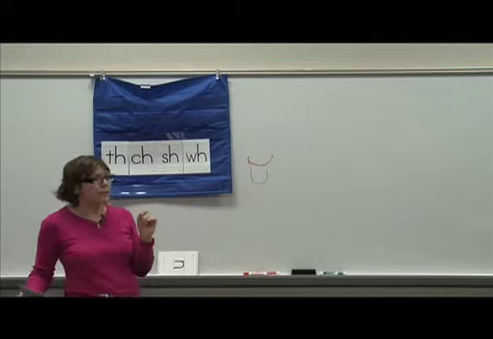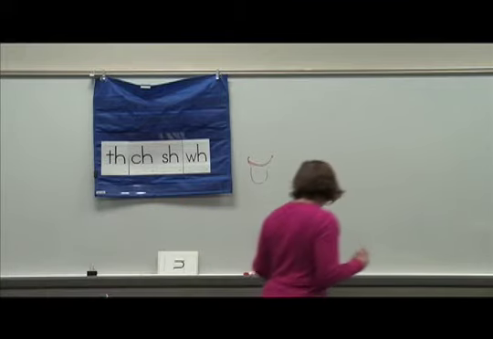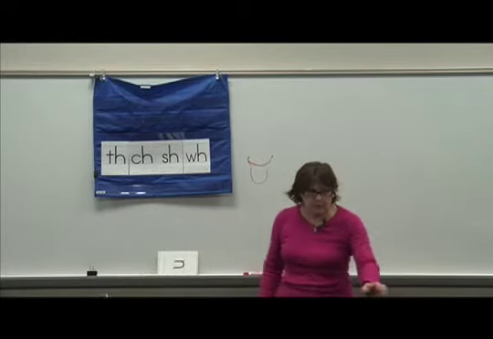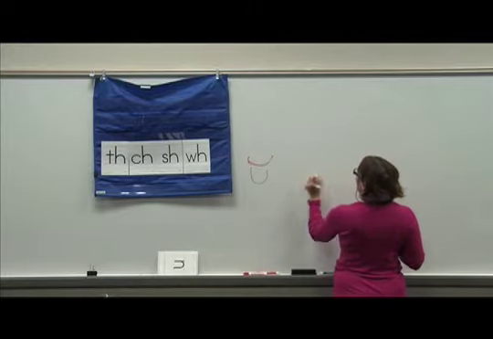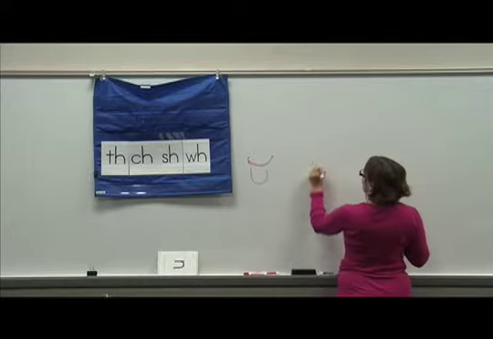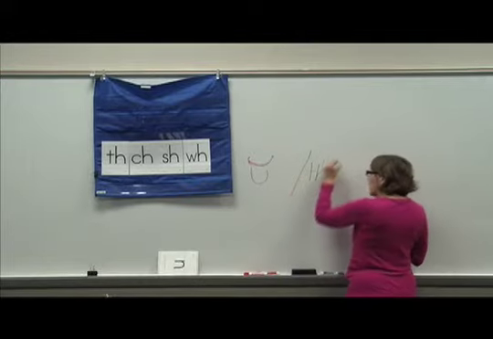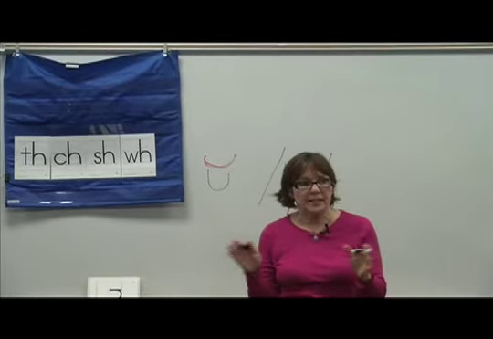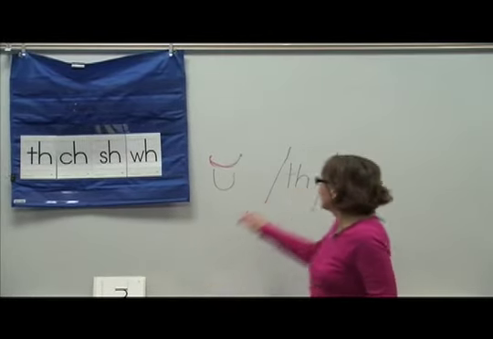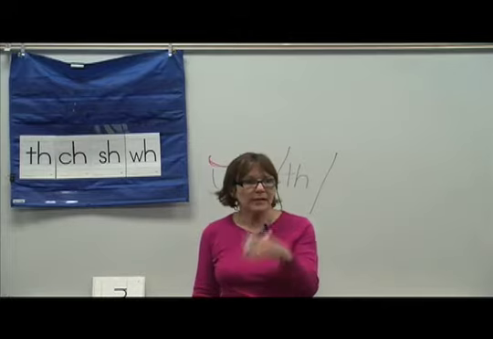But they produce one sound. Remember how we do the phonological sound? If I take TH and I put that kind of bracket around it, it means I want the sound of that TH, that digraph. And the sound of that is th, like in that.